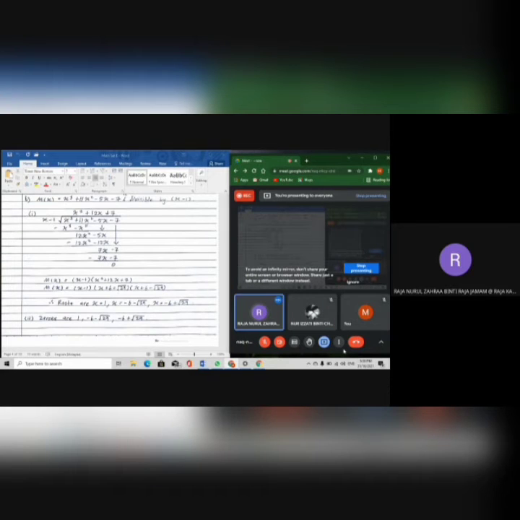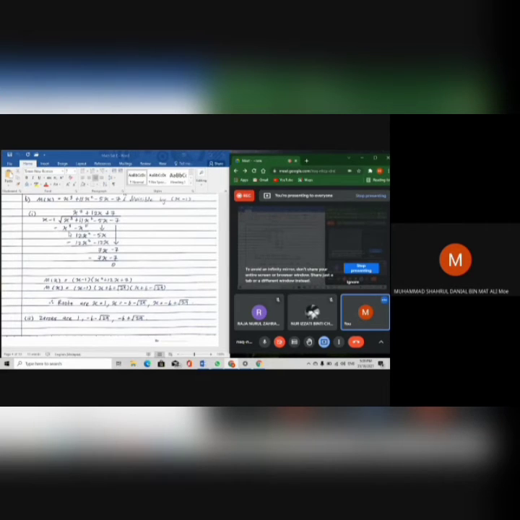2b. Given M(x) equals x cubed plus 11x squared minus 5x minus 7 is divisible by x minus 1. First question: find all the roots of M(x). The question wants us to find the roots. From here, we know that M(x) is divisible by x minus 1, so one method to find the quotient is long division.